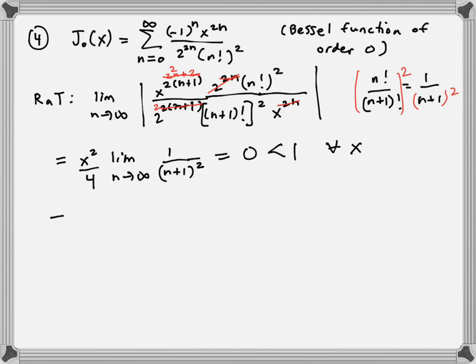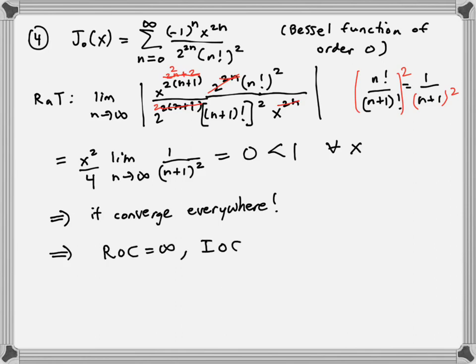So this means that it converges everywhere. So the ROC is infinity, and the IOC goes from negative infinity to infinity.